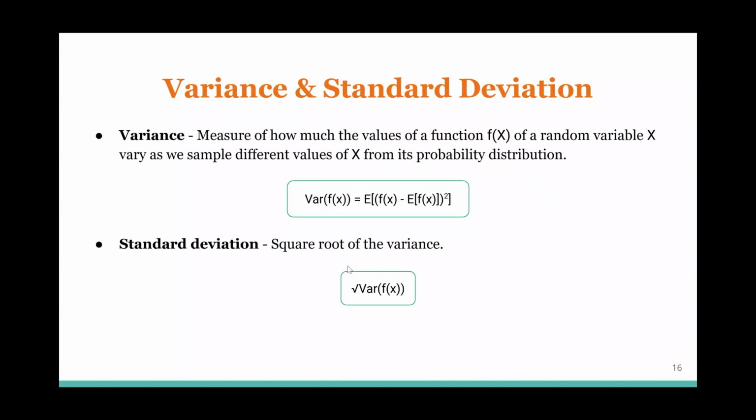I will get into that in a while. So that is variance. And standard deviation is nothing but the square root of variance, because we want the same units as the distribution, and variance squares the values, so the units are also squared.